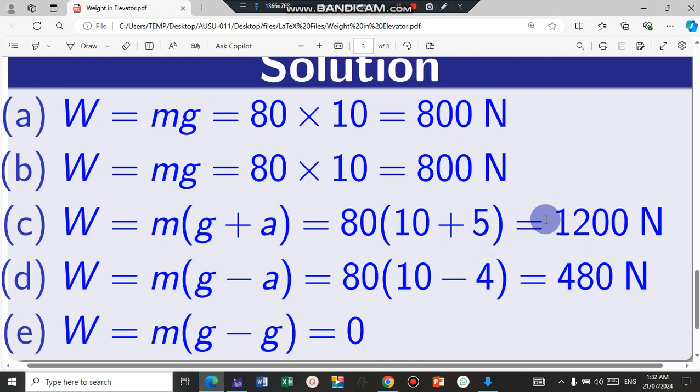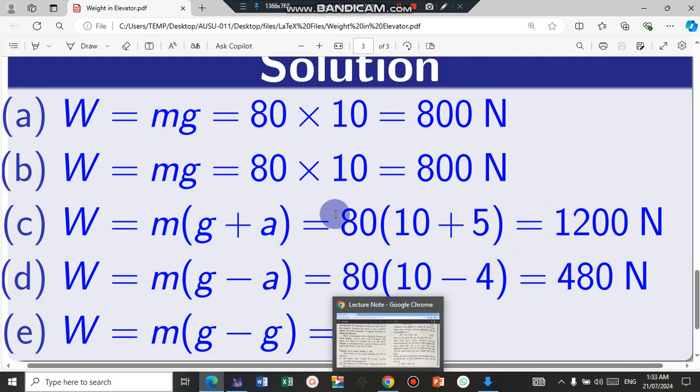You will get 1200 Newton. That is the weight of the man, and you can see this weight is greater than the true weight of the man. The true weight of the man is only 800 Newton, but when the elevator is moving upward, it increases to 1200, which means it increases by 400 Newton.